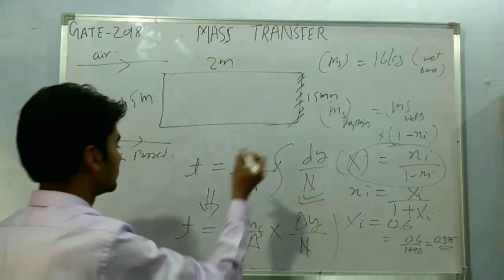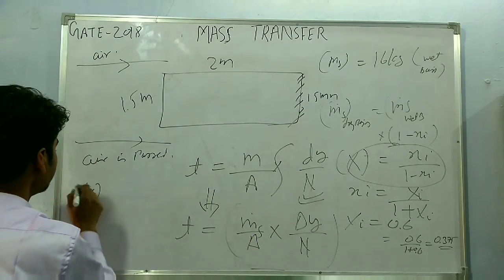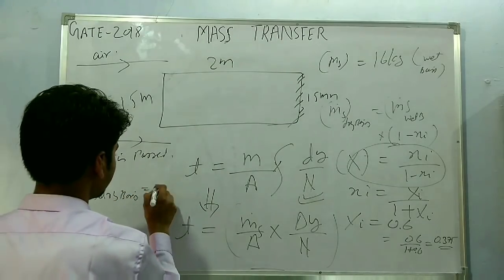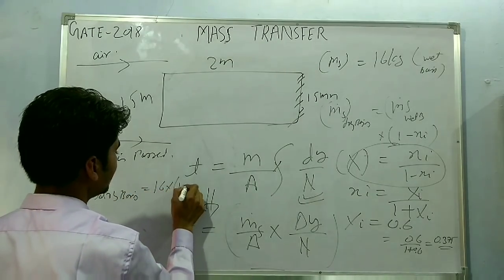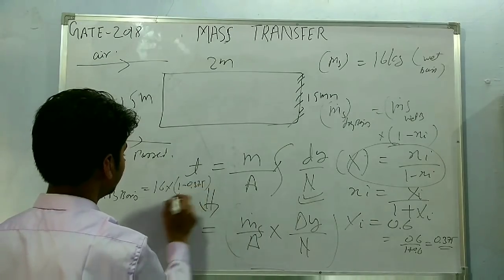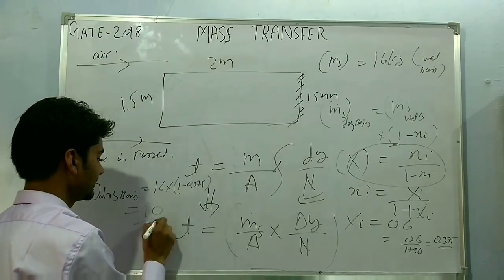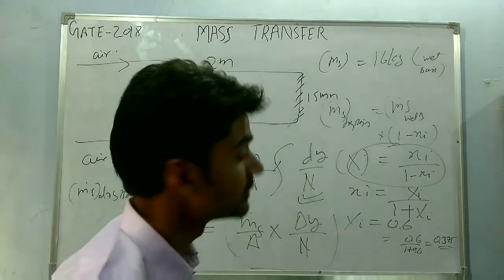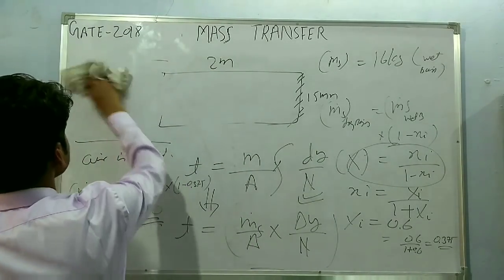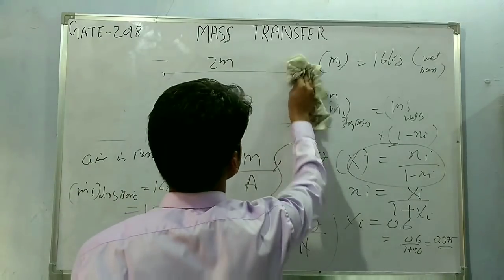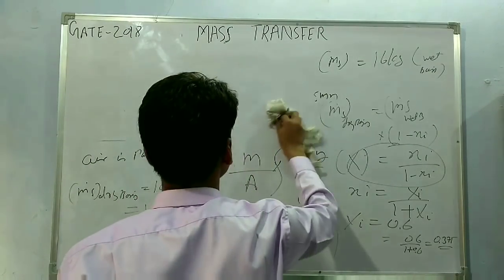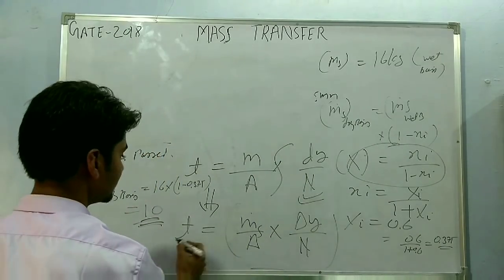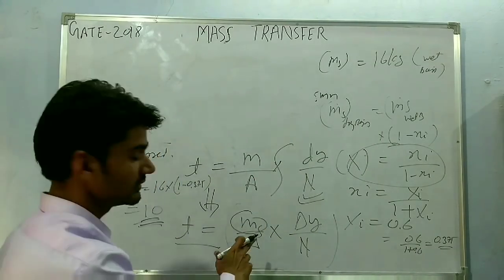So the mass of solid on dry basis will be 16 into 1 minus 0.375, which comes out to be 10. So using this relation, we have calculated ms.